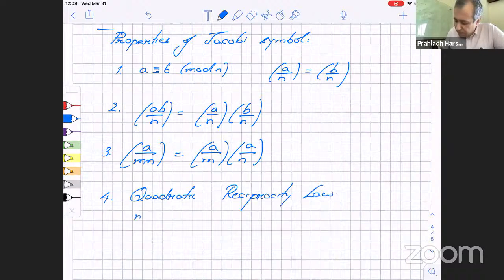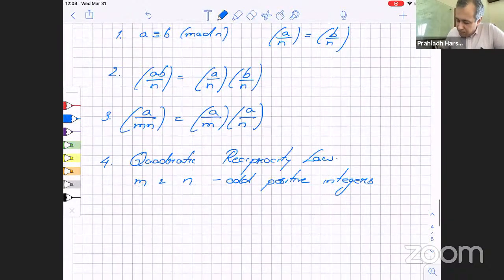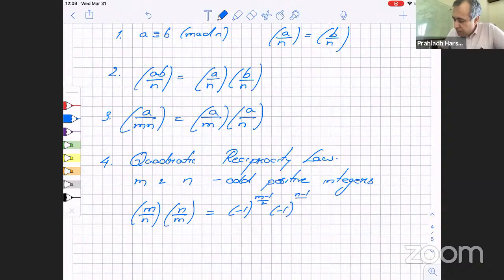It says that if m and n are odd positive integers, then these two Jacobi symbols differ by just (-1) to the power (m-1)/2 times (n-1)/2. So if I know this Jacobi symbol, I know the other Jacobi symbol.